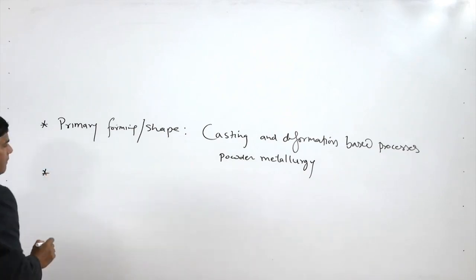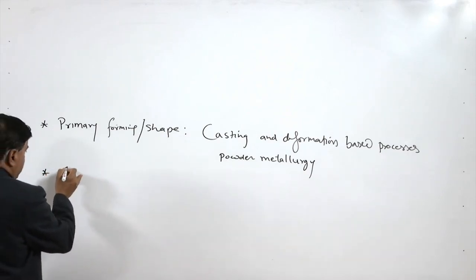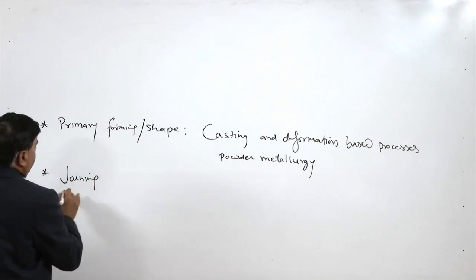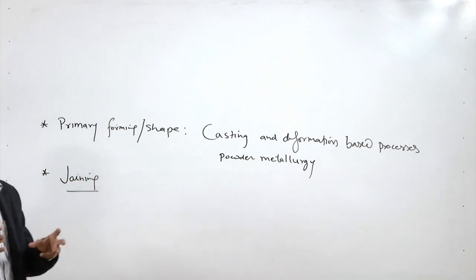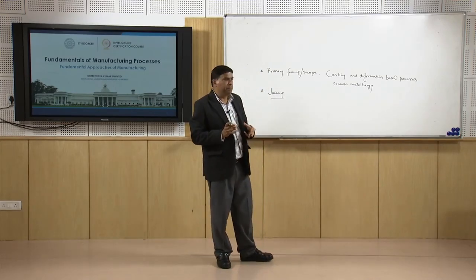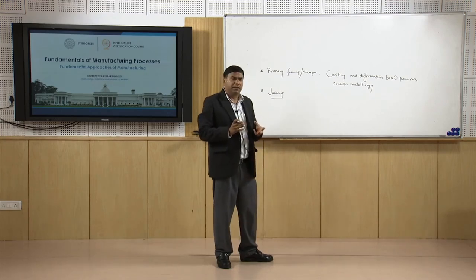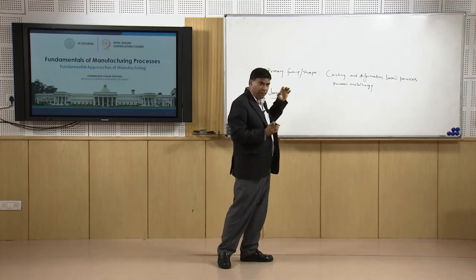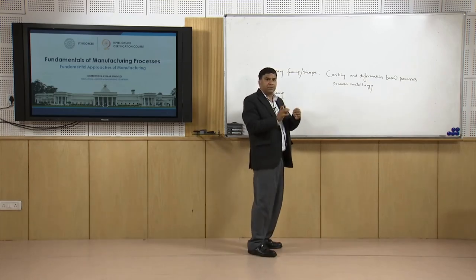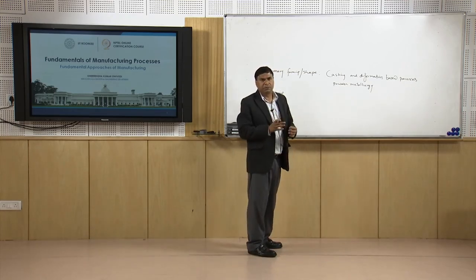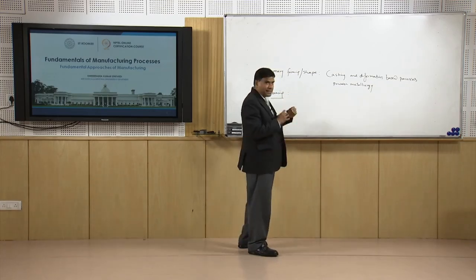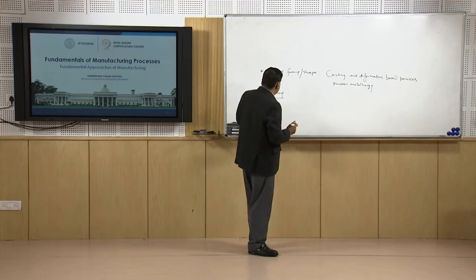Then we have the joining processes. When the shape is complex and it is not economically viable to make the product using the primary forming processes, then the simpler shapes are brought together by joining, so that the desired size and shape can be achieved.